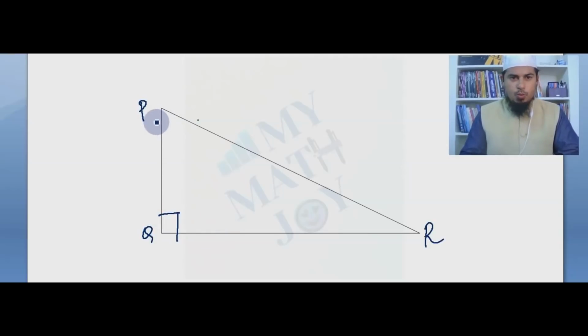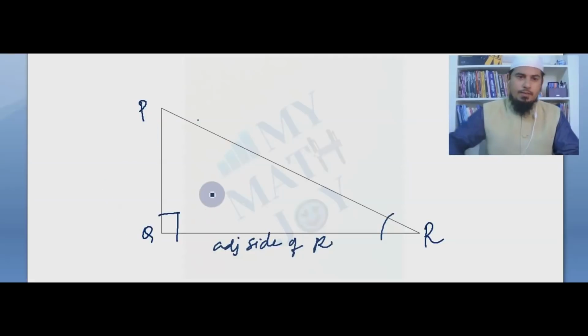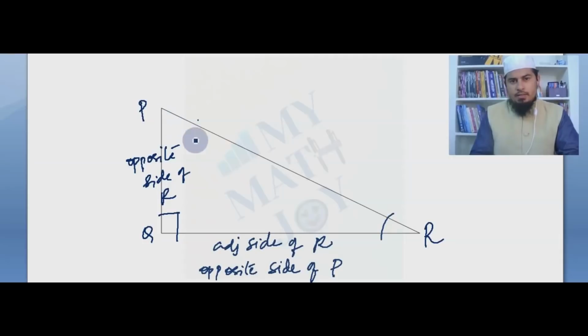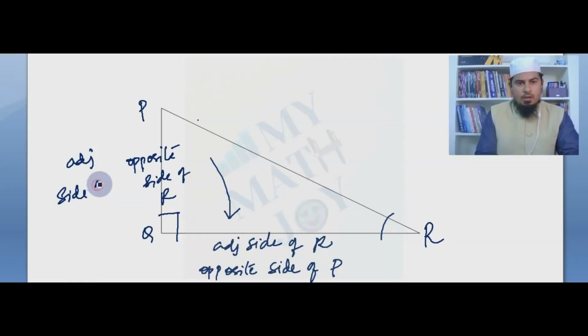Tell me what will be the names of the sides with respect to angle R. With respect to angle R, this is the adjacent side of R, and this is the opposite side of R. With respect to P, this is the opposite side of P, and this will be the adjacent side of P.